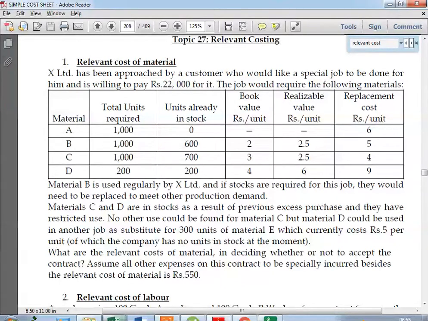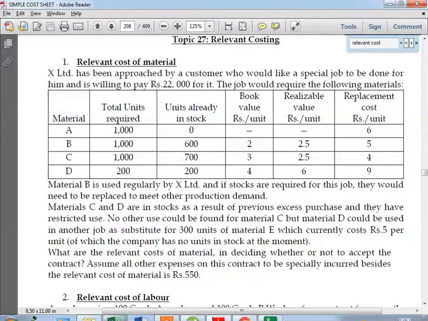Point number 1, material A is currently out of stock, and hence has to be purchased for this order. Full stop.